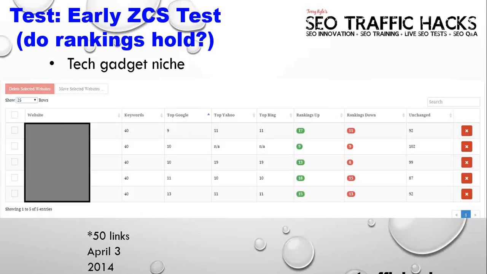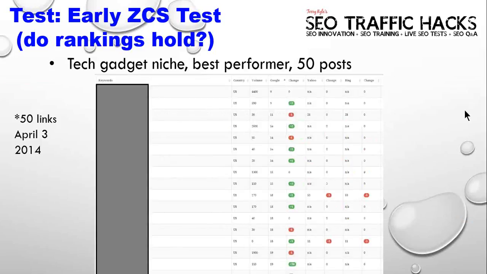The site being replaced here was kind of spoiled for choice, so the others will become feeders or be built out or 301ed as a kind of mini PBN. But here we actually got 5 out of 5 results from that zero content SEO site. The numbers are on the small side here, but this is a very, very competitive niche. This was the best performer of those 5. Again, that was back on April 3rd.